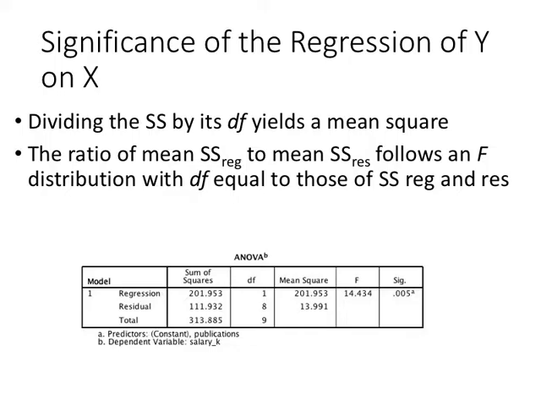But in most cases, as I mentioned, we're going to have multiple independent variables. And so we'll be able to, at first glance, look at whether the variation that we're explaining in the dependent variable is greater than we'd expect to get by chance.